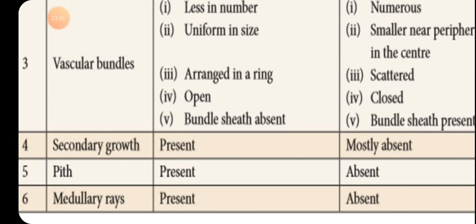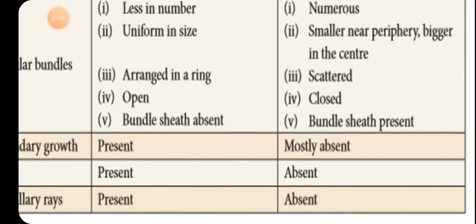Then vascular bundles uniform in size. In the dicot stem, from the periphery to the center, all the vascular bundles in the round structure are uniform. But in the monocot, the vascular bundles are smaller at the periphery, very small near the border of the stem, and slightly larger towards the center.